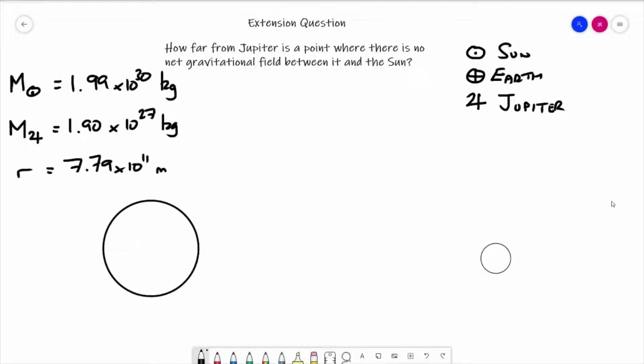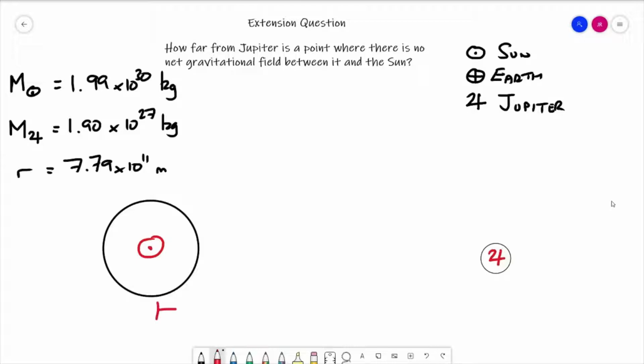So coming back to it then, as usual, it's always best to draw a diagram in these situations. So let's get a diagram going. Obviously this is not to scale, but here we have the Sun and here we have Jupiter.